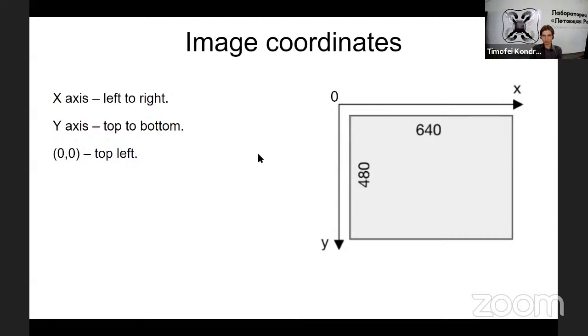For example, if this screen is like 1920 by 1080, then this coordinate will be something like 0 in x and, what is it, 560 in y. Well, you get the idea.